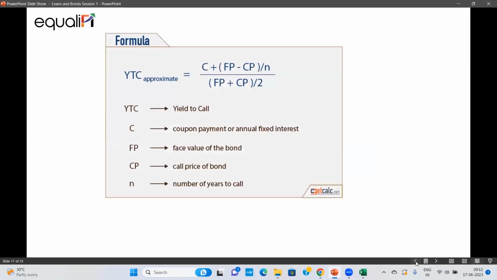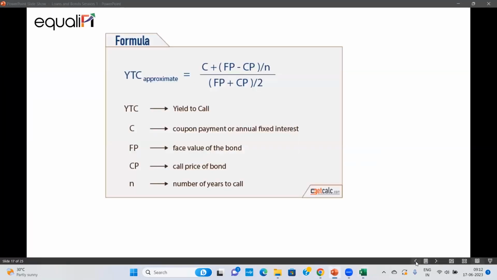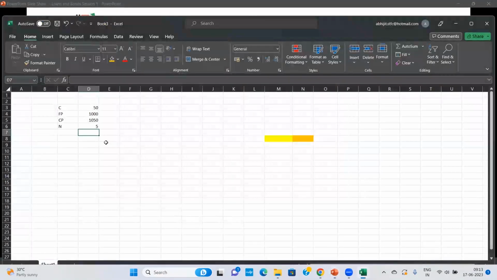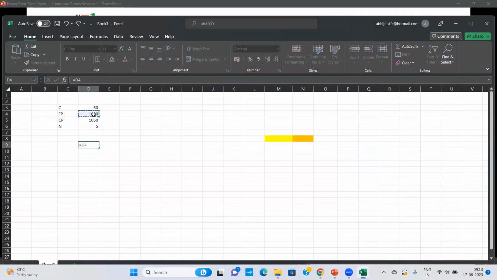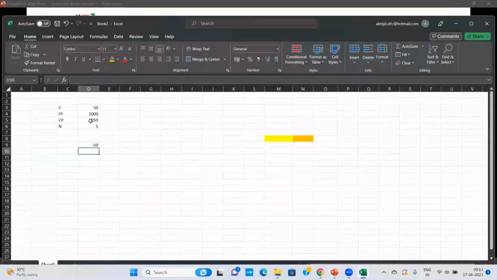So what I have is C, FP, CP, and N. Now the formula is FP minus CP over N. FP minus CP in this case is negative, minus 50.